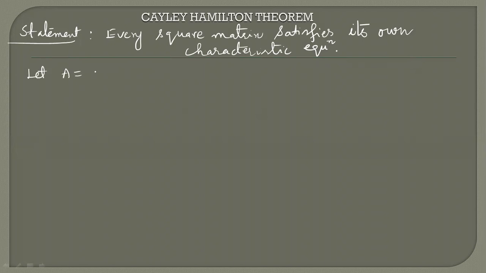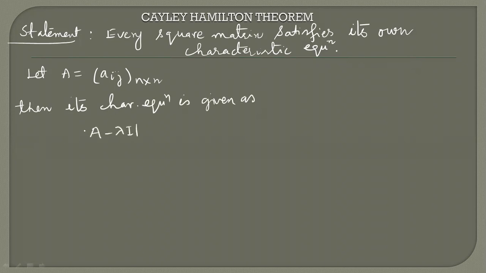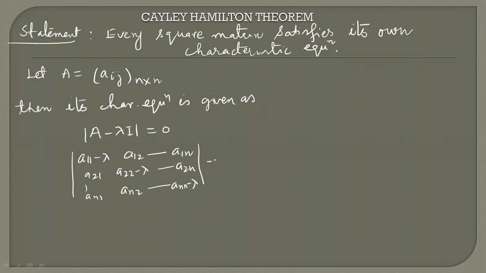Let A matrix be Aij of order n cross n, it means it is a square matrix. Then its characteristic equation is given as determinant of A minus lambda I equal to 0, or the determinant with entries A11 minus lambda, A12, A1n; A21, A22 minus lambda, A2n; and so on, an1, an2, ann minus lambda, equal to 0.